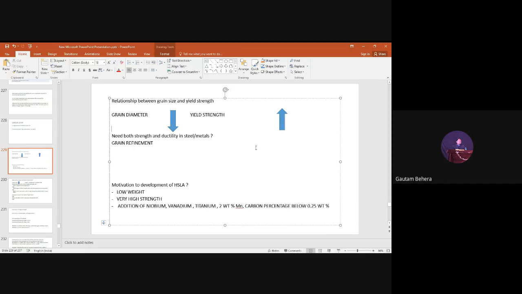Just tell me if it is, or I will explain again. The final grain structure depends upon the austenite grain structure. If the austenite grain structure is bigger, the final product obtained will also be of bigger grain size.